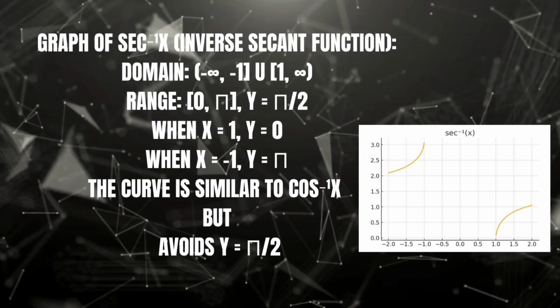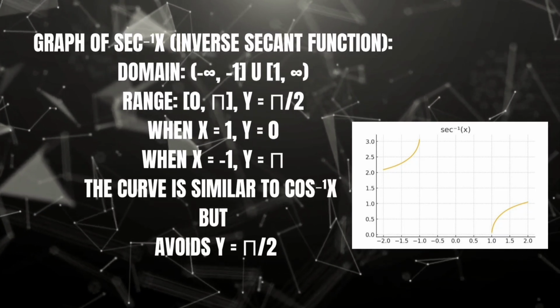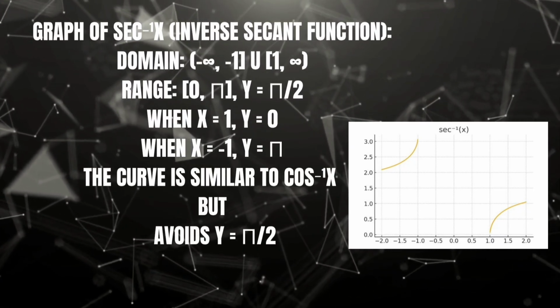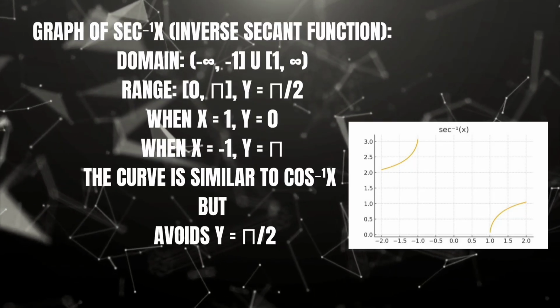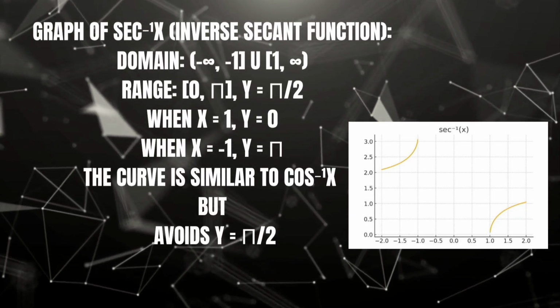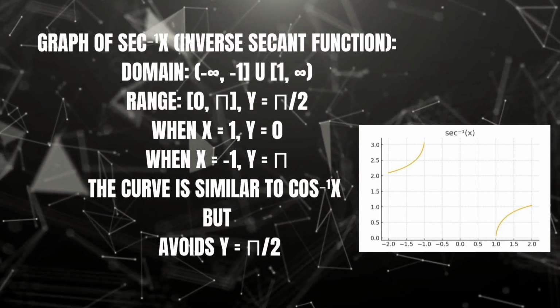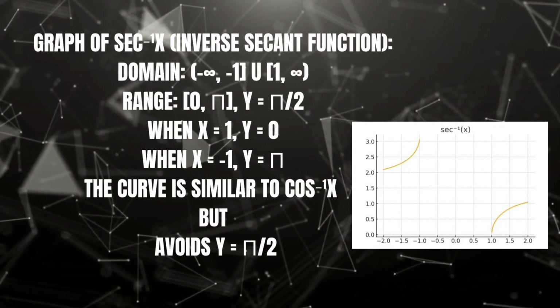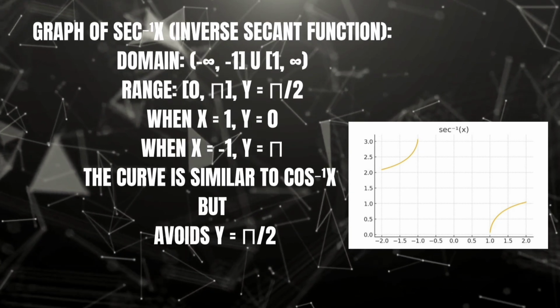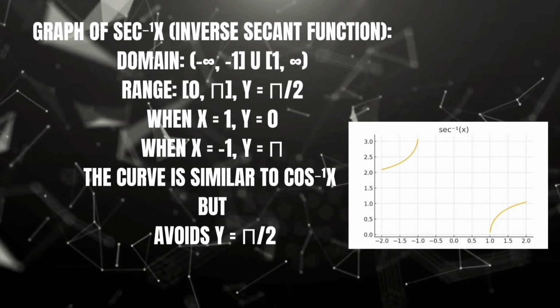Next, the graph of secant inverse of x, again see the figure, the curve shows the secant inverse of x graph. The domain is between -infinity comma -1, union 1 comma infinity. The range is between 0 comma pi, right, where y is not equal to pi/2. And when x equal to 1, y equal to 0, then x equal to -1, y equal to pi.